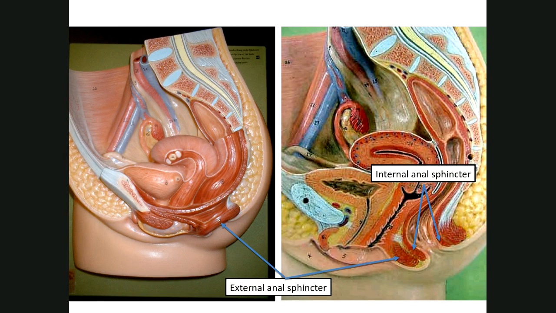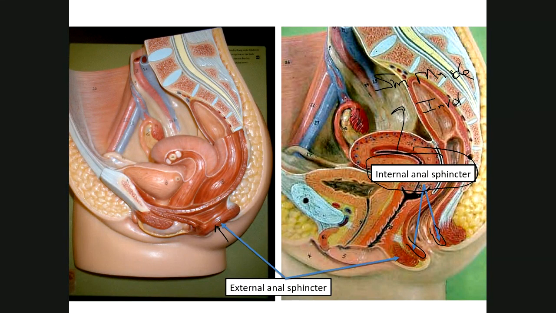But there's also a sphincter on the inside. We can't see it over here, but it's in there. On this side, you can see it. That's it right there. And again, remember, it goes all the way around. This is the internal anal sphincter. This is smooth muscle. Remember, smooth muscle is involuntary. And so we don't have any voluntary control over that sphincter.